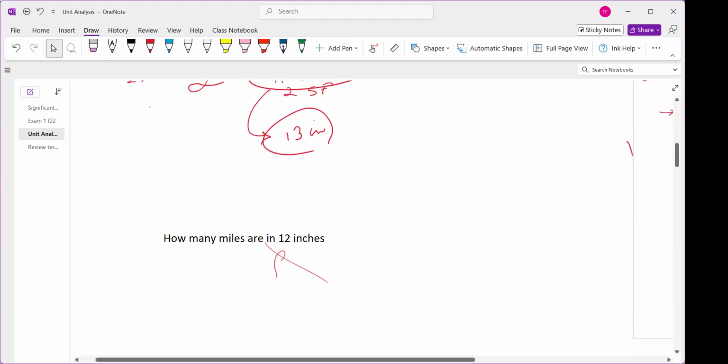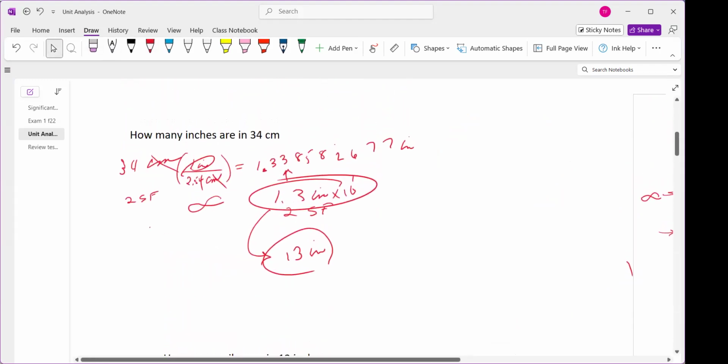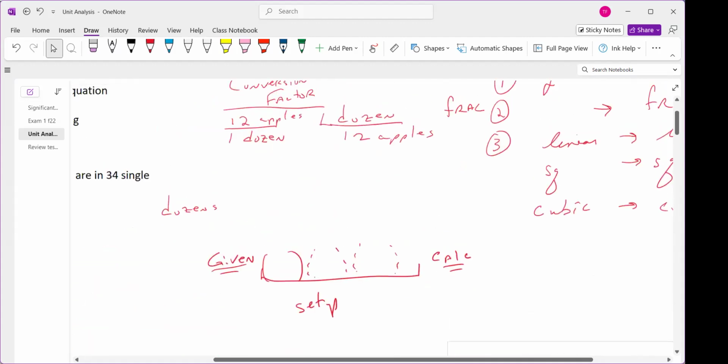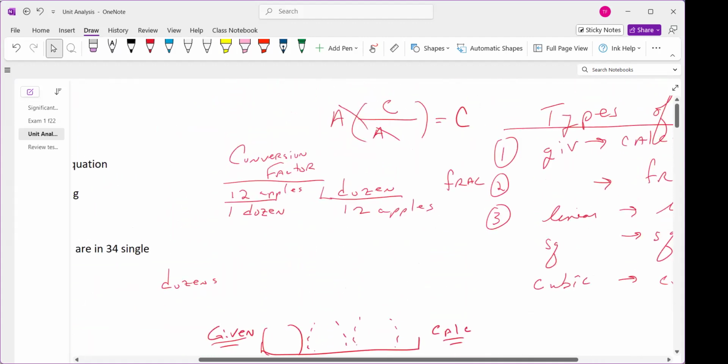Okay, now what I want to talk about before we do any other examples: there are 3 main types of problems that we're going to have in chemistry.